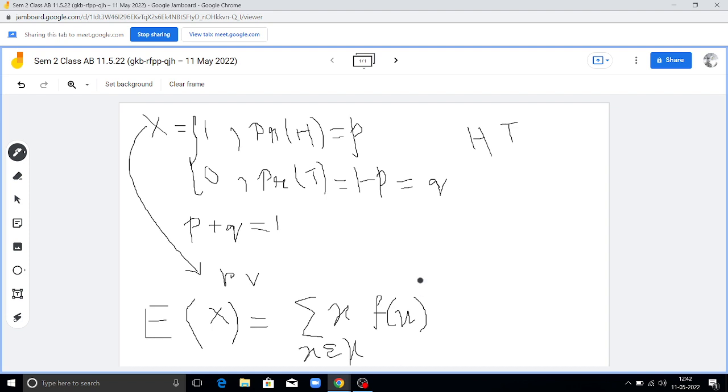And if capital X would have been a continuous random variable, then expectation of X would have been integration over the range of X, that is x belongs to script X, x times f(x) into dx.